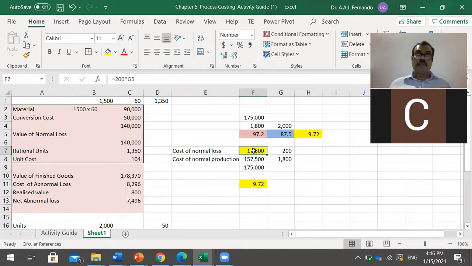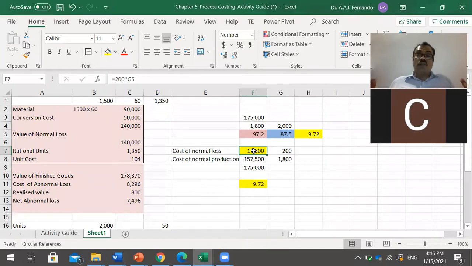In other words, the logical amount applicable for the normal loss, which has been absorbed by the other units, is 17,500. That is the cost of the normal loss.